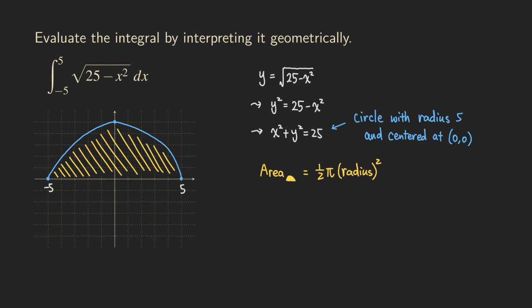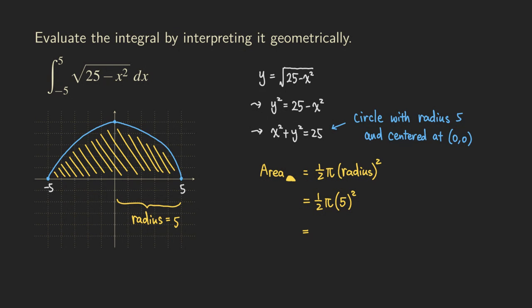The radius, as you can see, is going to be 5. That's the center. This point is on the circumference of the circle. So now the radius is 5, and we just put the 5 in here. So we have 1/2 times pi times 5 squared.